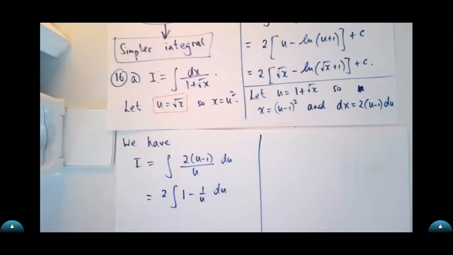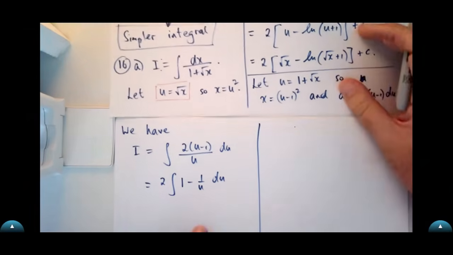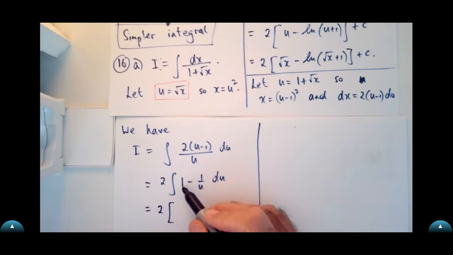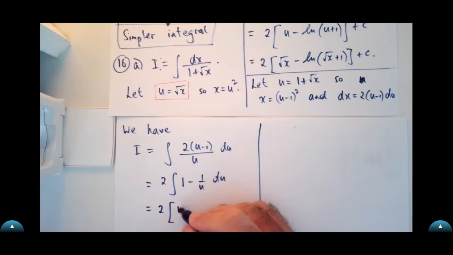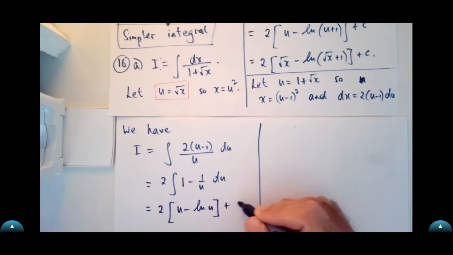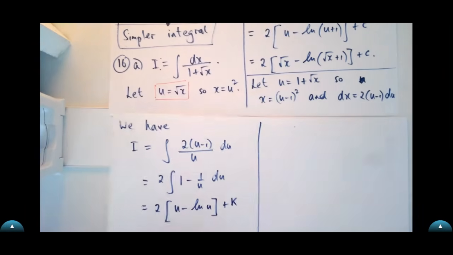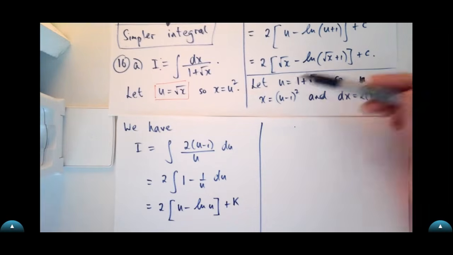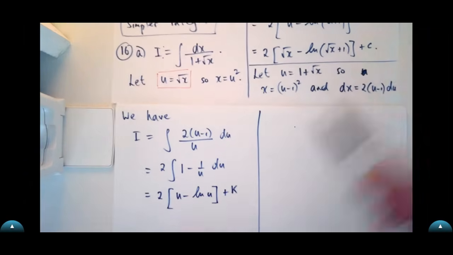Now you can just do the integral. So let's see what we get. That's going to become u, and that's going to become log of u plus some constant k. Now we can go back to what u was.